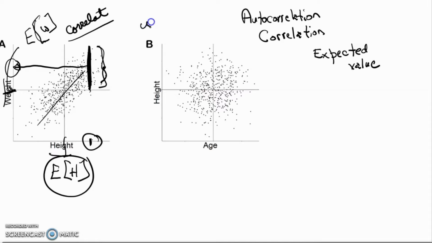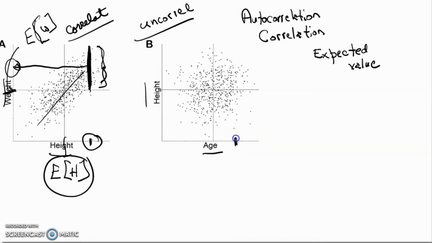And here we have some uncorrelated data. So again, here we're looking at age versus height. And presumably for people that are reasonably old.